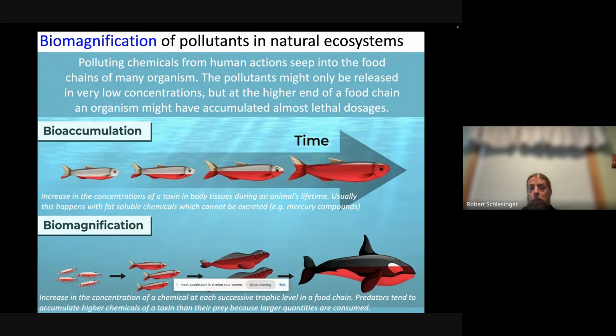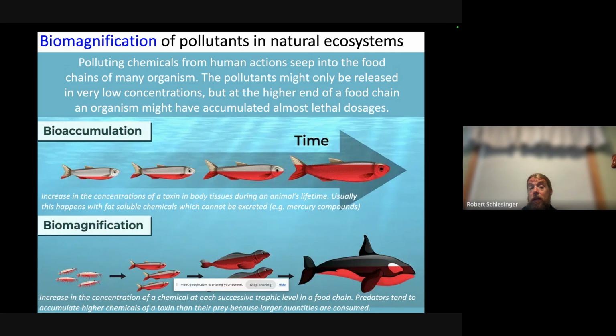But what's more problematic is something called biomagnification. So if you recall, as we move up the food chain, an organism isn't just eating one of something. It's eating lots and lots of something in order to sustain itself, because again, so much of that energy is being lost as heat. And so by the time you get to a killer whale, that killer whale is eating lots and lots of seals.